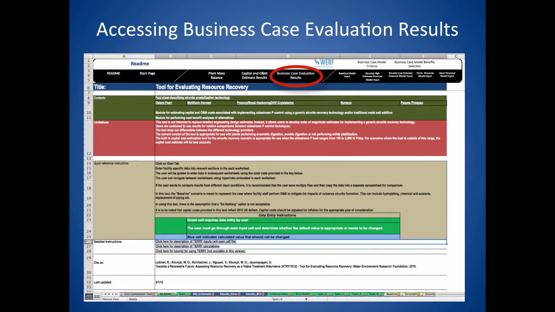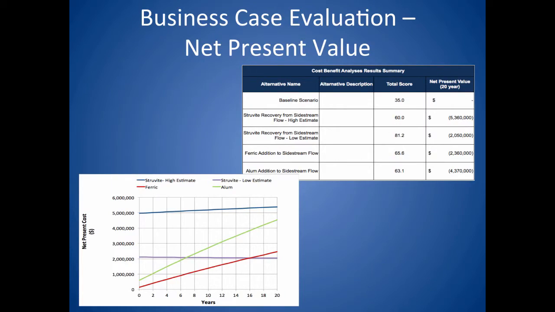The BCE uses the business case model criteria that you entered previously to calculate scores for the baseline scenario to compare to the struvite recovery options and chemical precipitation options. Please note that the baseline scenario represents the condition where plant O&M staff take the necessary operational and/or maintenance steps to minimize the effects of nuisance struvite formation.